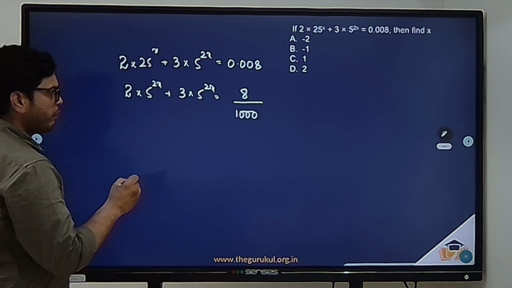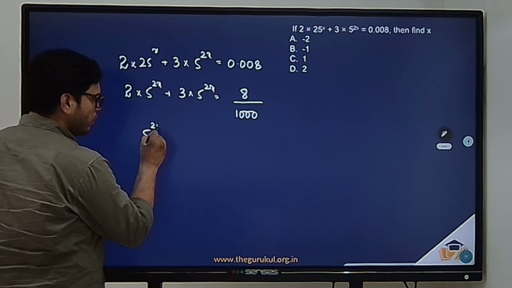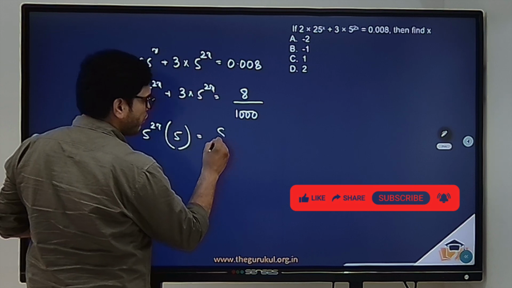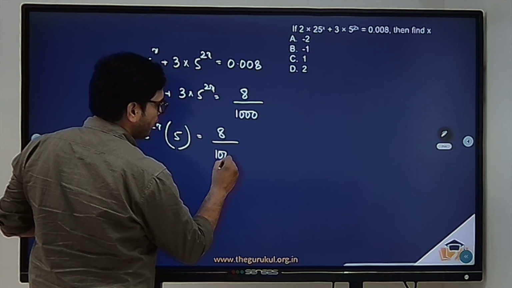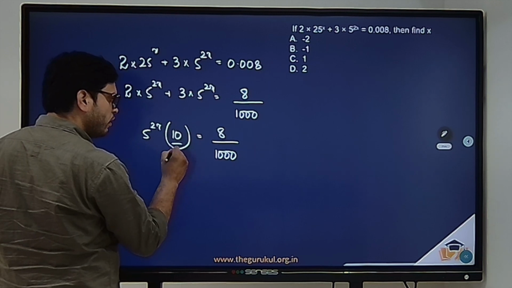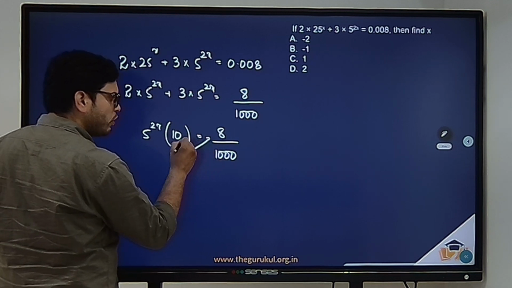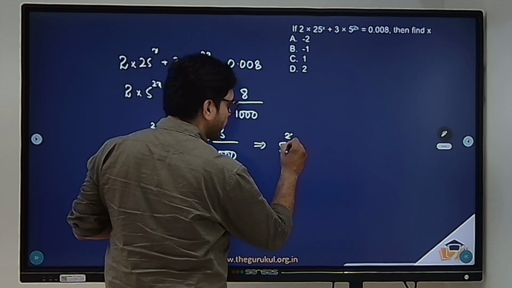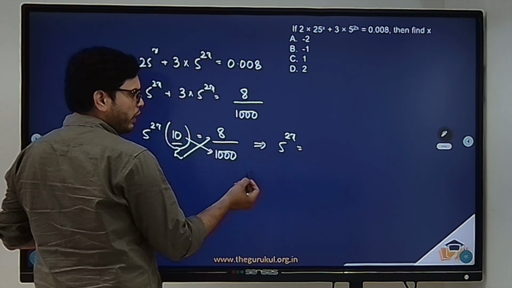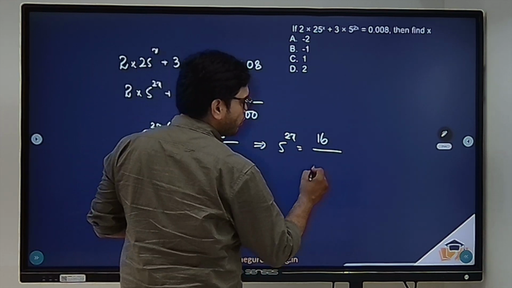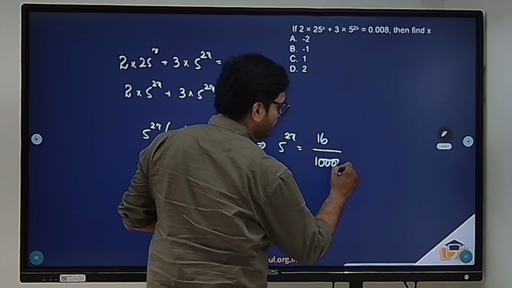Now let me take 5 power 2x common. Then you will be having 2 plus 3, 5, which is nothing but 8 by 1000. Now let me write 5 as 10 by 2 and let me cross multiply. So you would be having 5 power 2x is equal to 2 into 8, 16 by 10 into 1000, 10,000.